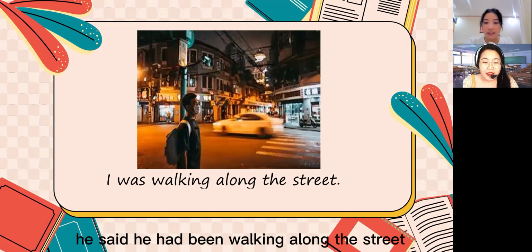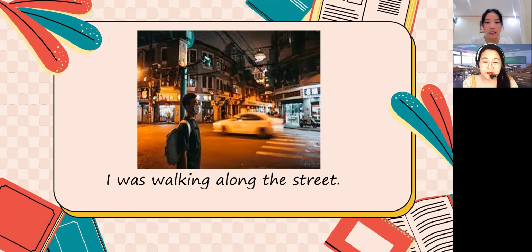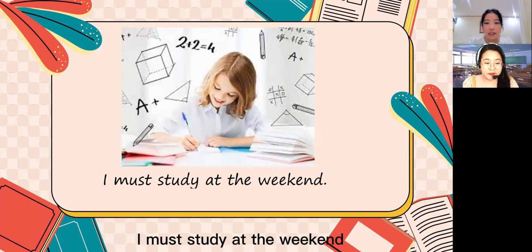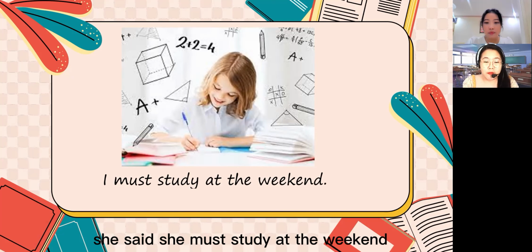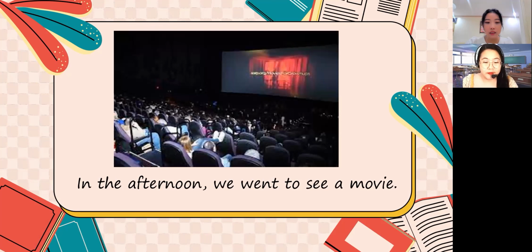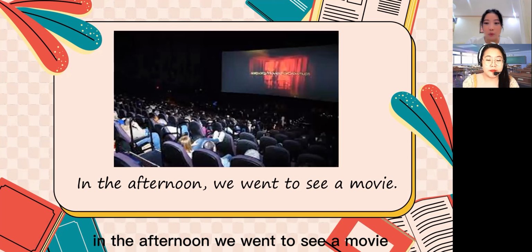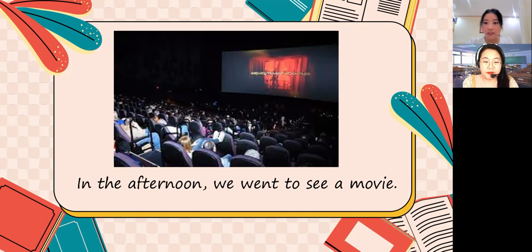He said he had been walking along the street. Okay. I must study at the weekend. She said she must study at the weekend. In the afternoon, we went to see a movie. She said in the afternoon, they went to see a movie. Great. Congratulations on all the correct answers.